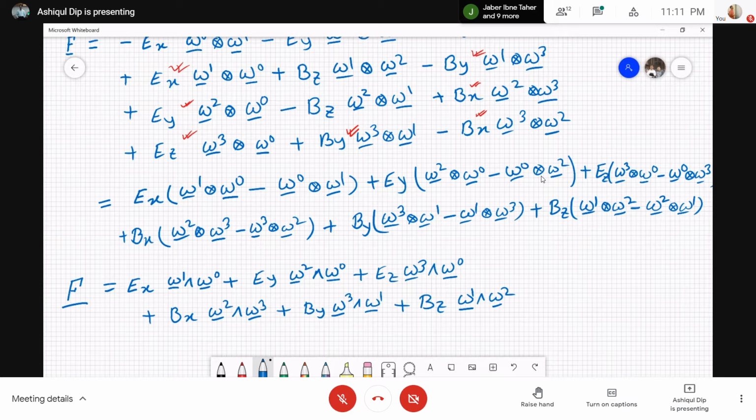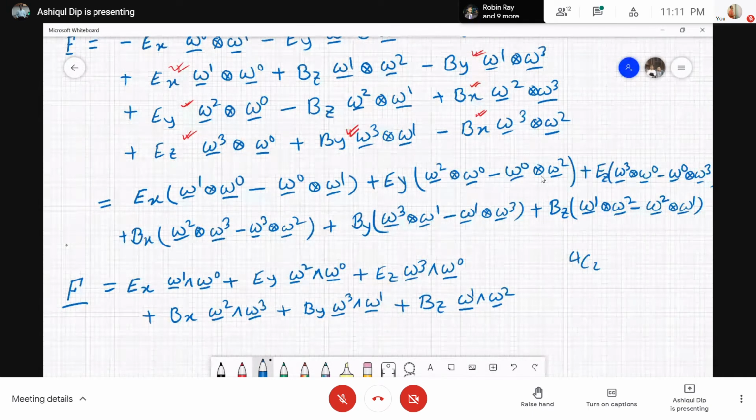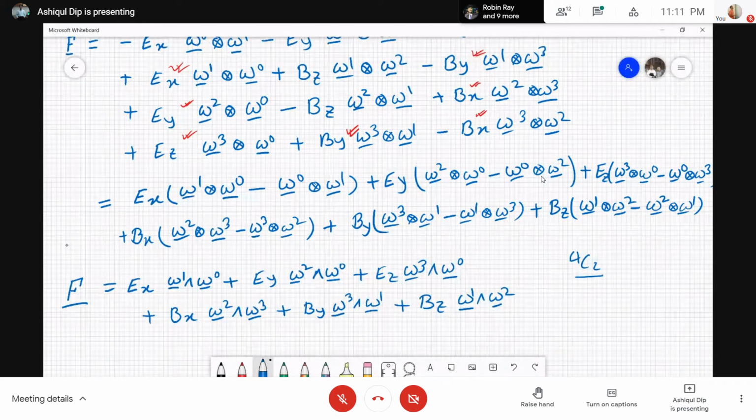How many independent wedge products can you take? It's simple, it's 4C2. What's that? 6.